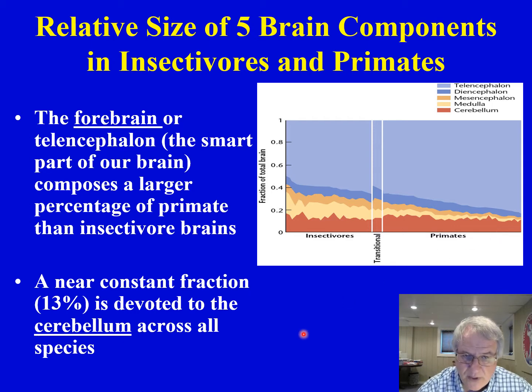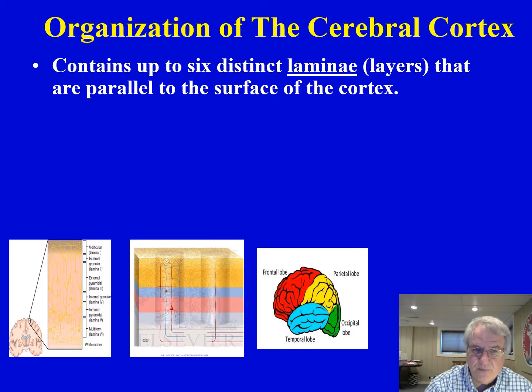The forebrain, that smart part, the telencephalon, is a larger percentage of primate brain than, for example, insectivore brains. So the telencephalon there is this light blue. Here it is in primates. Here it is in the case of insectivores, and indeed much more is devoted to that smart part in primates in comparison to insectivores. So again, that's another important piece of information.